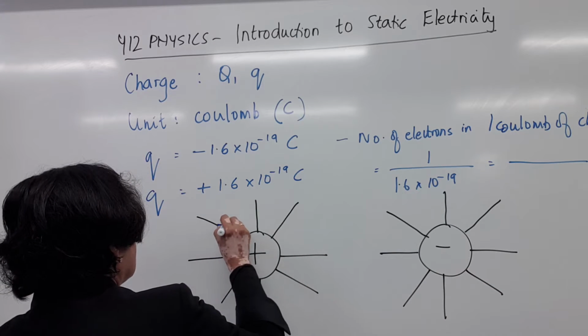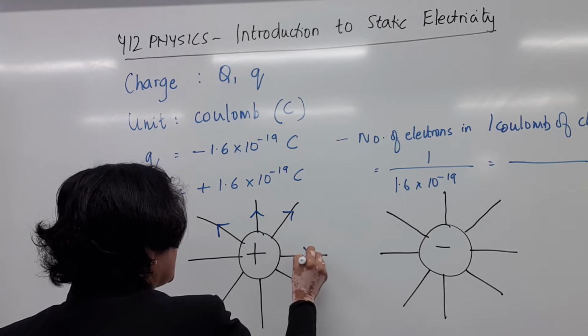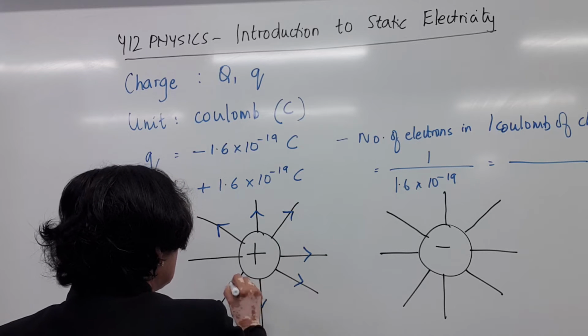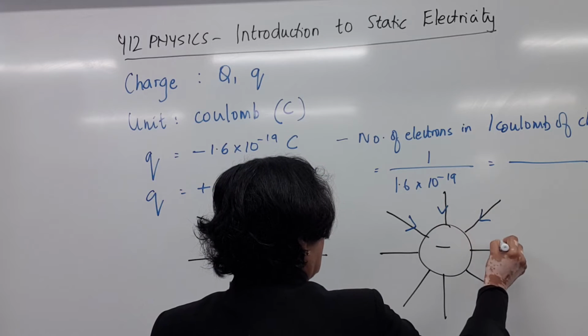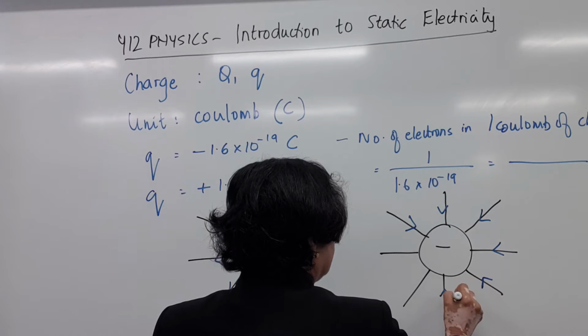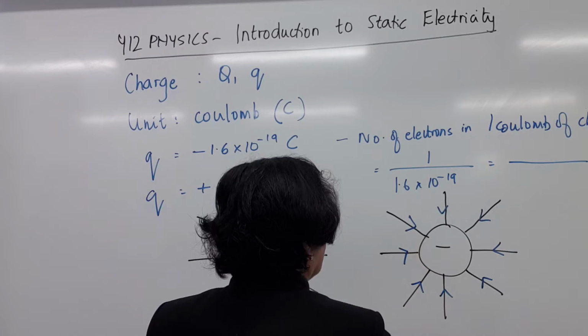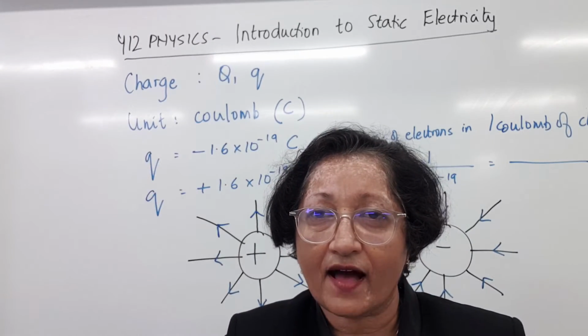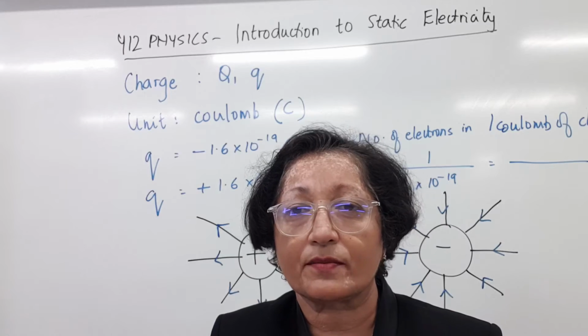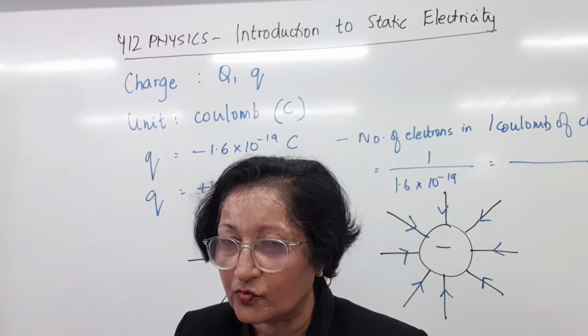So field lines go out of the positive and into the negative. Okay, the direction of the electric field is defined as the direction in which a positive charge will move.